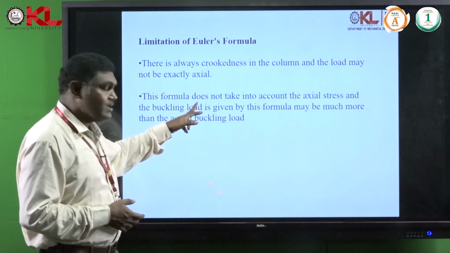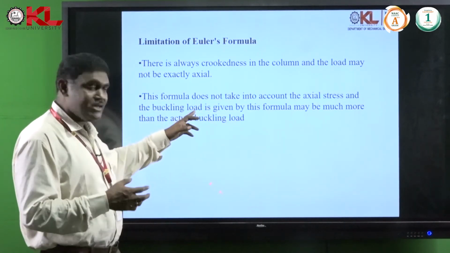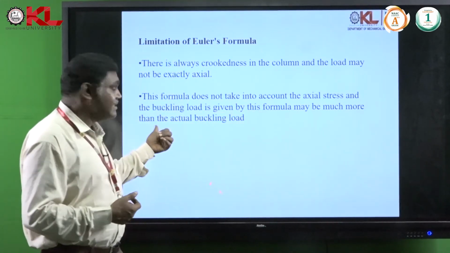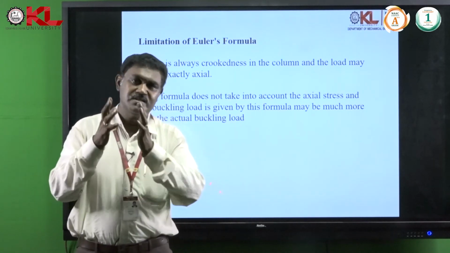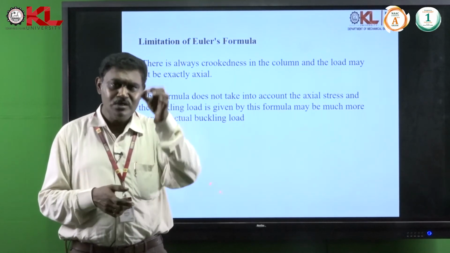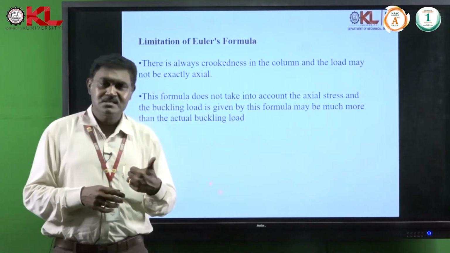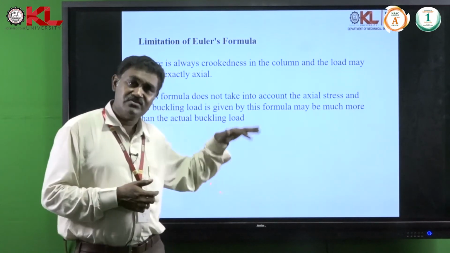Also, this formula does not take into account the axial stress, and the buckling load given by this formula may be much more than the actual buckling load. That is the main drawback or limitation of Euler's theorem.